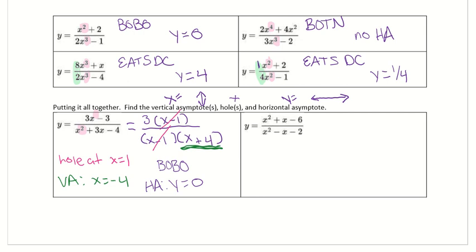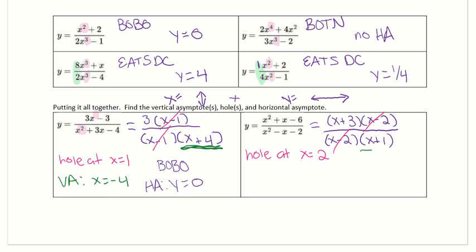All right, last one. First, we got to get our factor on. So (x plus 3)(x minus 2) over (x minus 2)(x plus 1). All right, let's find our holes first. That's the easiest thing to look for because it's based on what cancels. So we are going to have a hole at x equals 2. Now what's left over in the denominator is x plus 1, so we will have a vertical asymptote at x equals -1.